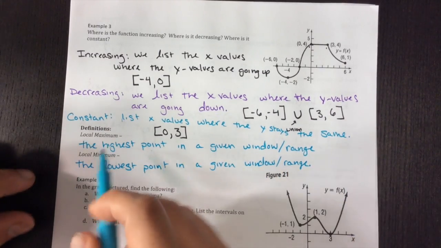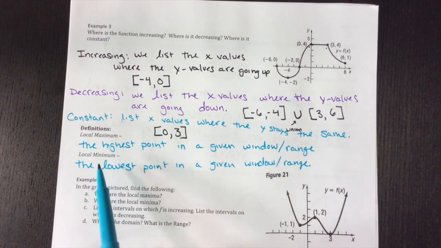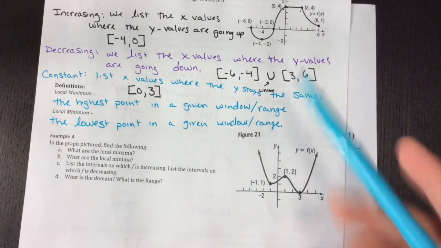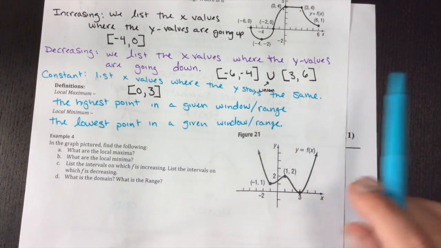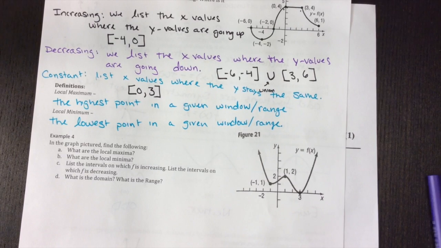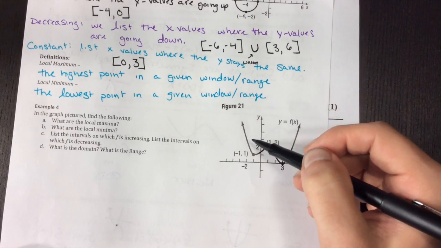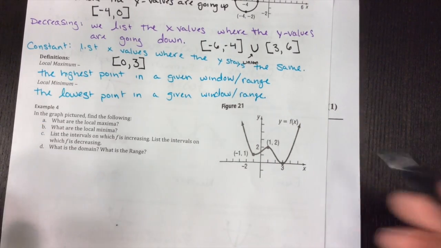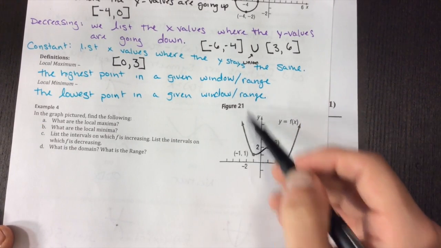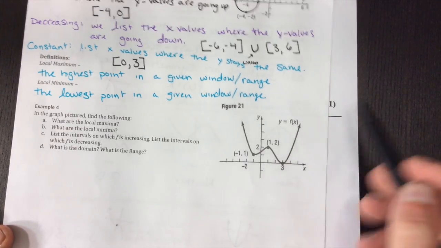And I want to be specific about why we're using these terms local maximum and local minimum. Well, figure 21, which is in the next example that we're going to do, is perfect to illustrate why we use local. The opposite word is global. So you can see, where is the local maximum? This function goes up to infinity on either side.